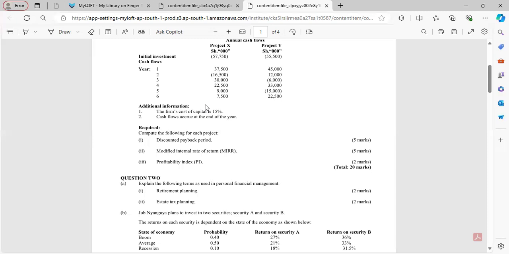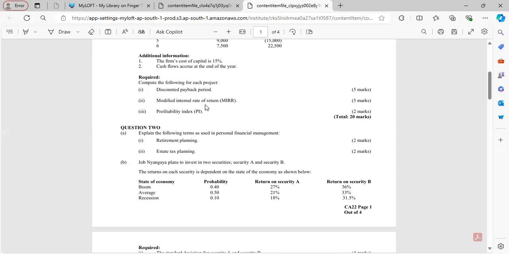And what else are they asking for? Requirement number 3 is the profitability index, and that is what I was explaining here. I would like you to try and do that question.